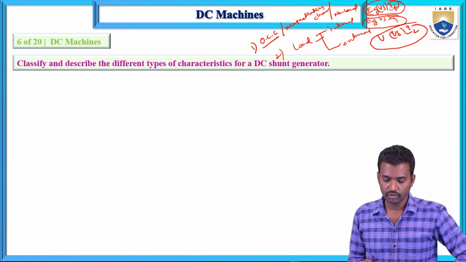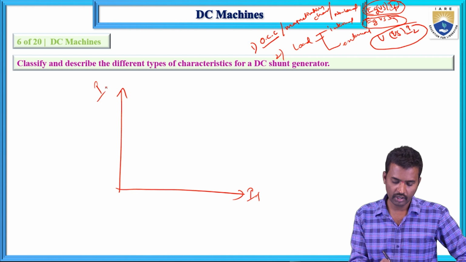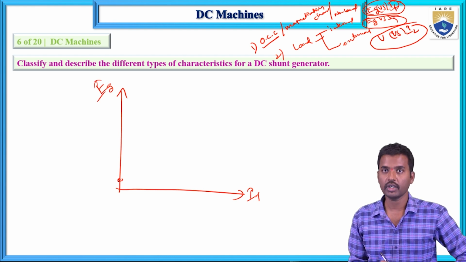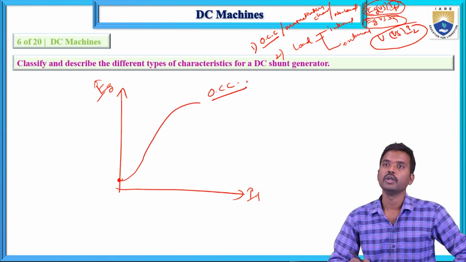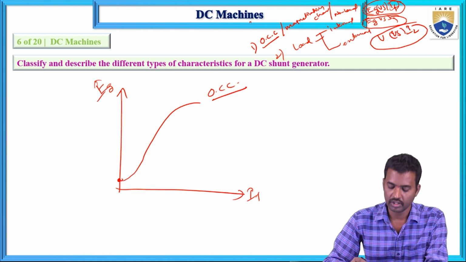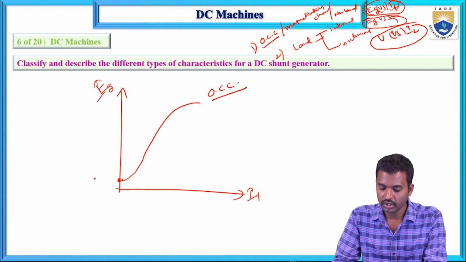Induced voltage versus field current. If you draw the graph between these, this is IF and this is EG. Because of residual magnetism, it starts from here. This is the open circuit characteristics, or magnetization characteristics, or no-load characteristics. There is no load. If you connect the load and current flows, now here the shunt generator.